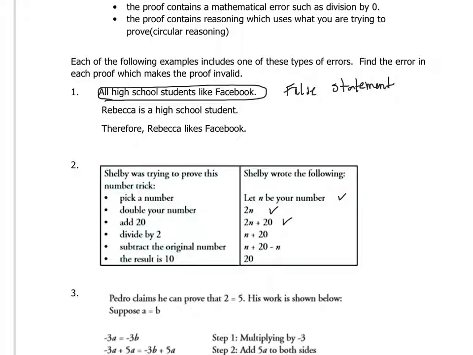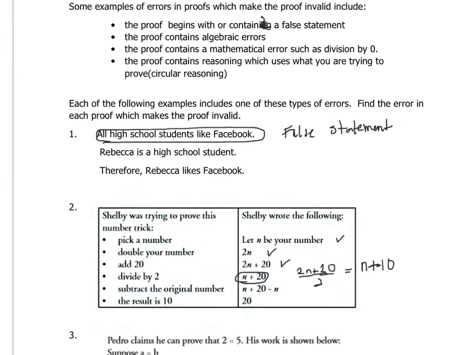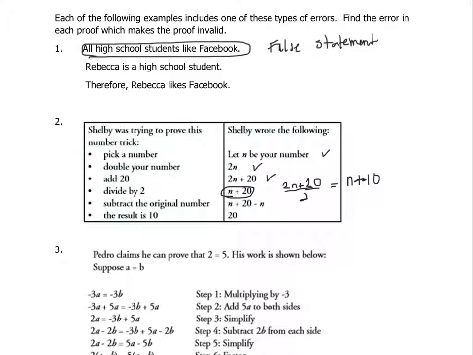Then she divided by 2 and got n plus 20, and that would be an error in calculation, because 2n plus 20 divided by 2 would actually be n plus 10. So that's a mistake in this proof, and that would be an algebraic error.